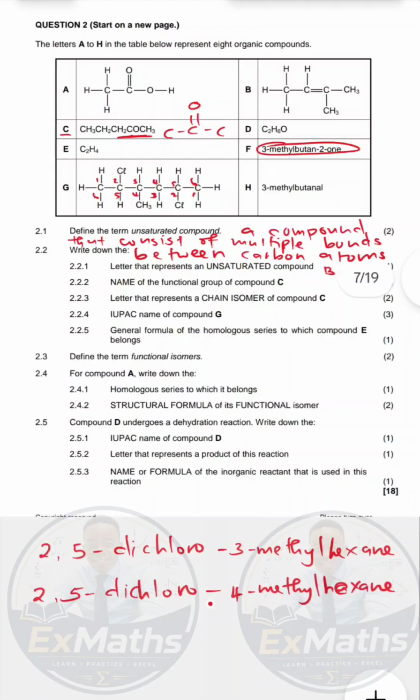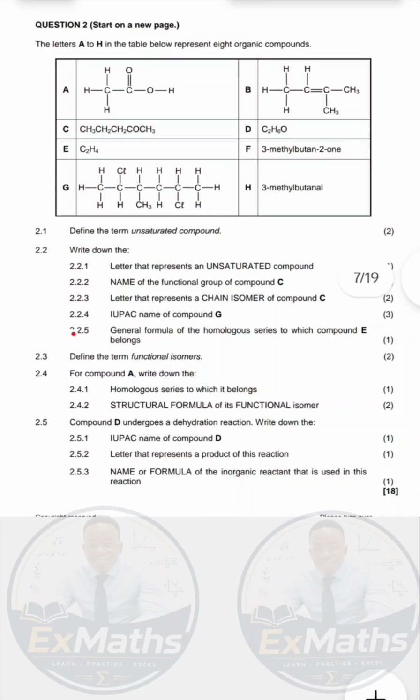This one is giving us a 4 and the first one is giving us a 3. The chloro numbers are the same, they match, so there's no problem there, but the methyl is where we look to see which one is best. So this one is out. We consider 2,5-dichloro-3-methylhexane.